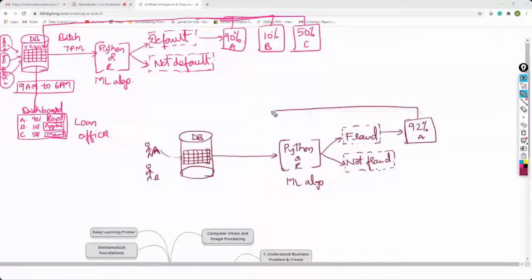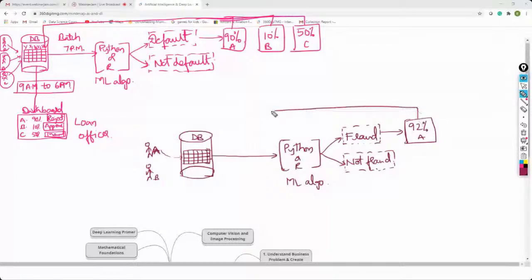If customer A says, yes, I've done the transaction, you process it. If the customer says, no, I have not done the transaction, you decline it. You either approve it or you decline the transaction.